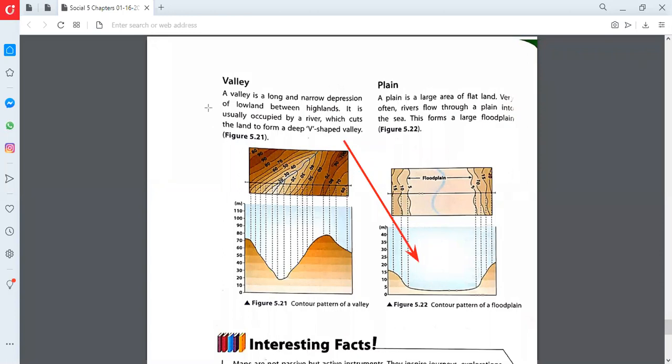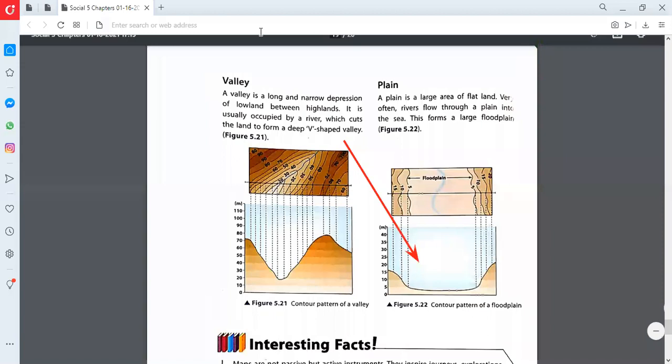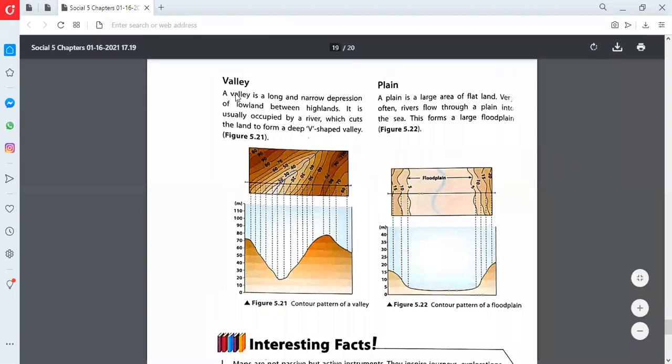So a floodplain means a plain on which much water is flowing. So contour lines display all six: mountains, hills, plateau, ridge, valley, and plain. So contour lines show all these things in the map just with the help of lines.